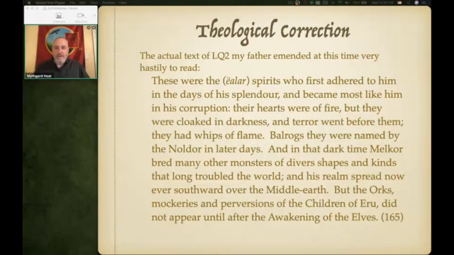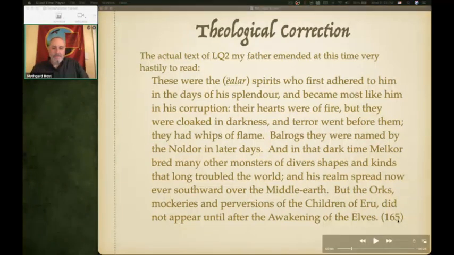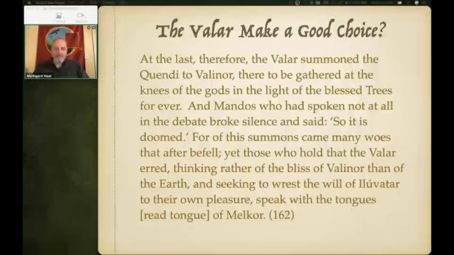Or are they perversions, like literally perversions of the children of Eru? That would be consistent with both. Yeah, so he's really divided on this subject.